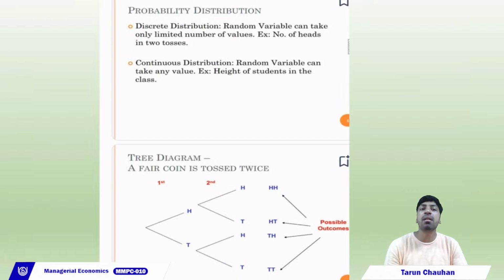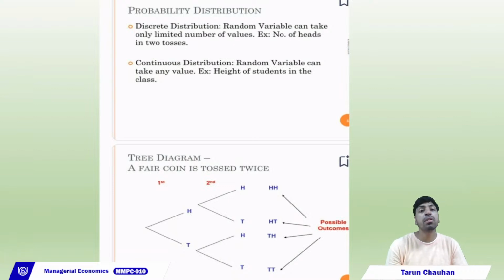For example, the number of heads in two tosses. When we talk about tossing a coin, there are two possible outcomes, that is the tail and head. That means one would be a success, and one would be a failure. And that's called the discrete distribution.